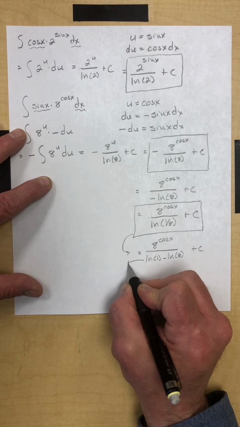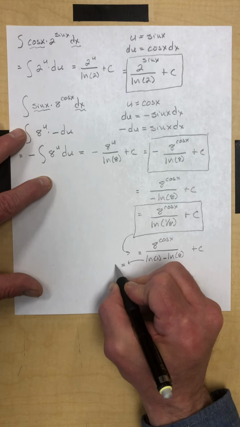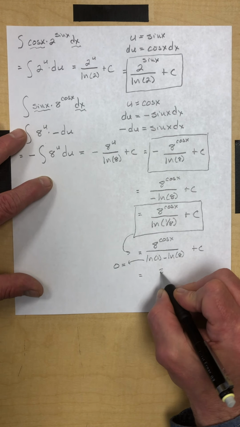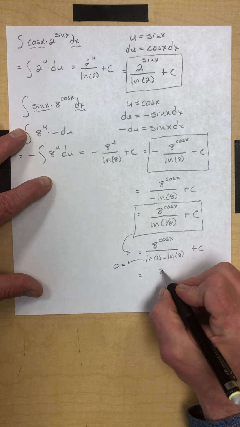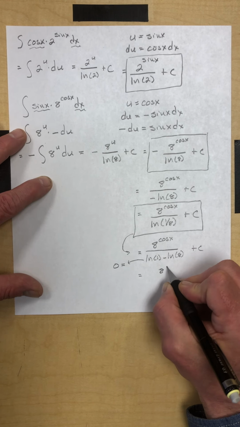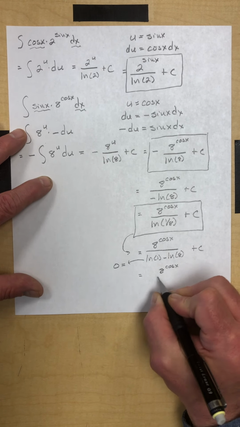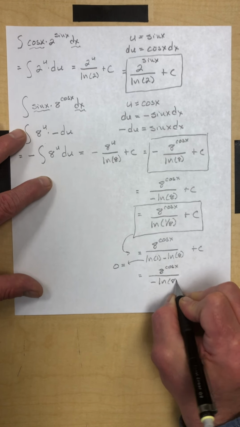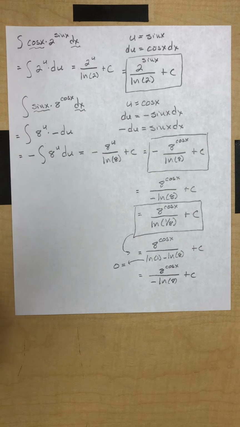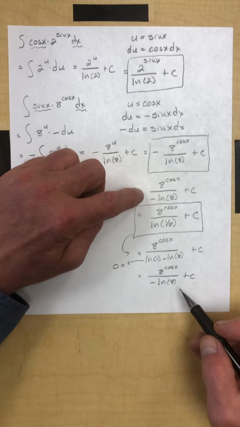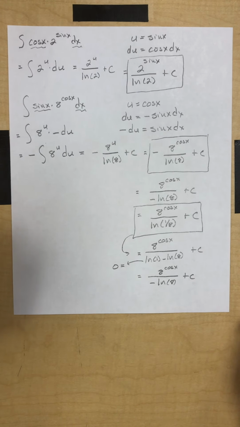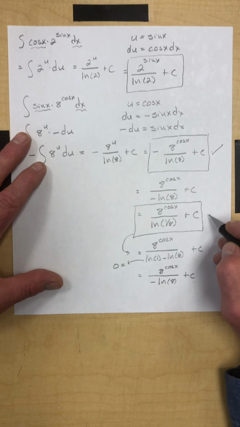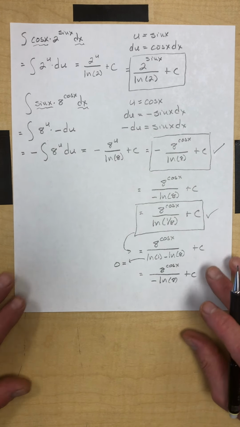Now, the natural log of 1 is equal to 0. Okay, so this takes us right back to 8 to the power of cosine of x all over the opposite of the natural log of 8 plus c. So notice it doesn't help us out. It takes us right back to here. So I would say that this guy is 100% acceptable and this guy is 100% acceptable.